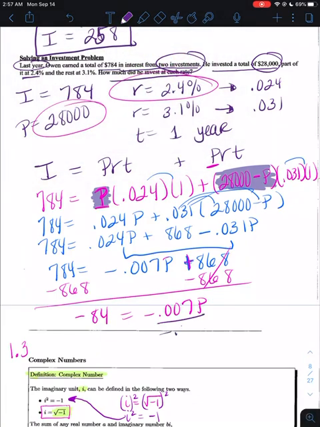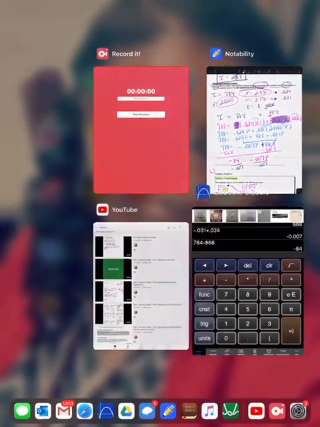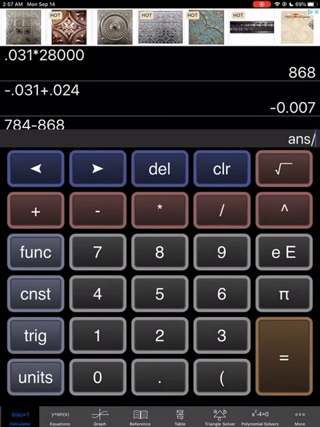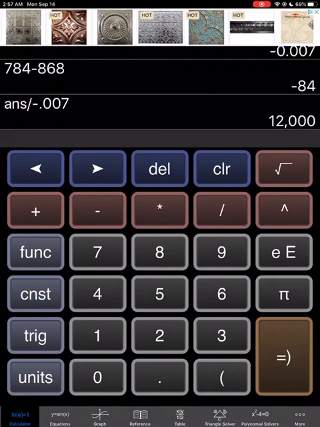Now I have to divide both sides by negative 0.007, and I get 12,000.